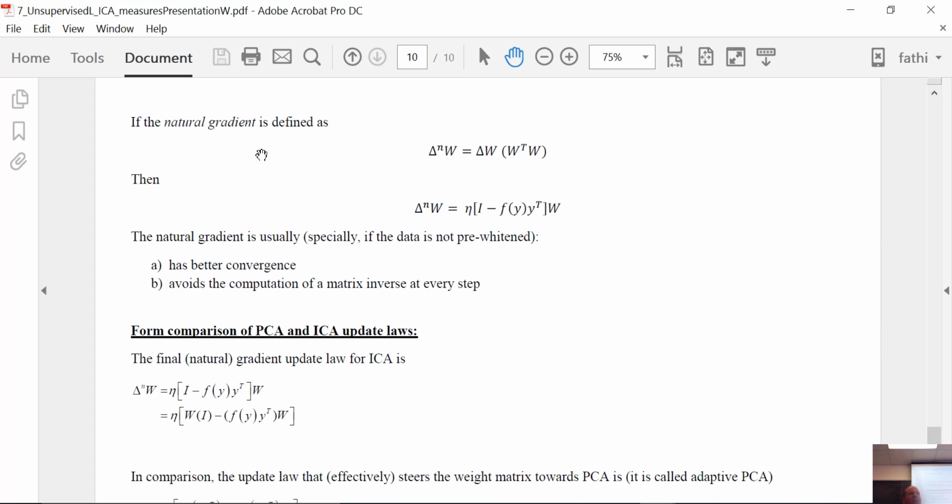So there's another thing, just flash: there's a gradient and there's a natural gradient. And the natural gradient applies when you are updating matrices. So if this were the gradient that we just apply the calculation, you need a factor here, which is the weight transpose weight, multiplied to make this one into a natural gradient. So if you do all the calculations, bottom line, you're going to get an expression of this sort.